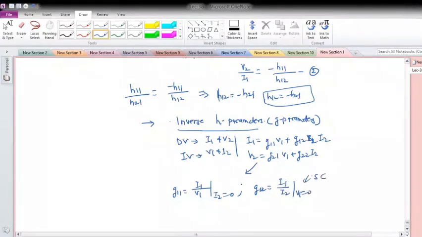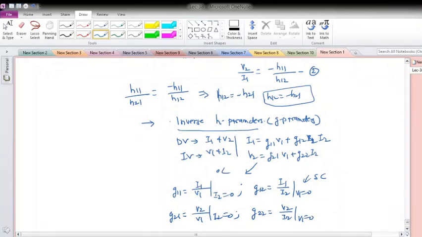That means this is short circuit, this is open circuit. Now G21 will be V2 over V1 when I2 is 0, and similarly G22 will be V2 upon I2 when V1 is equal to 0.